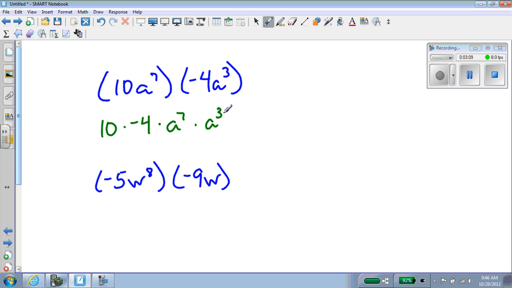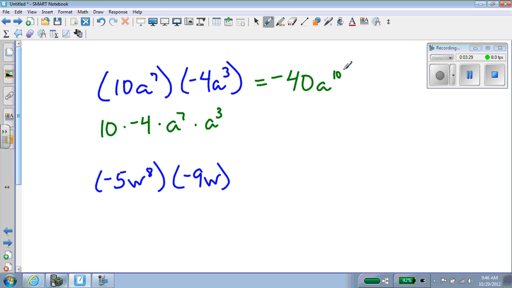That's just small bits of the commutative property and the associative property, because everything was multiplied. So I'm going to multiply the numbers. That's negative 40. And then I have 7 factors of a and 3 factors of a, so that means I have 10 factors of a.